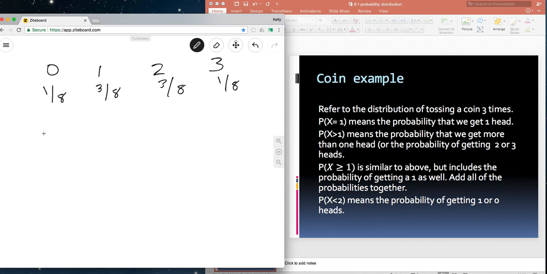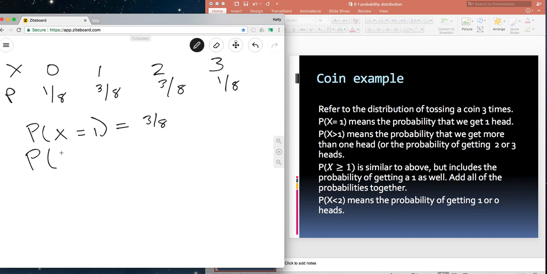So if I asked you, what is the probability that x equals 1? Basically, I'm saying, what's the probability that you get 1 head, because your x's are on top and your probabilities are on bottom. So the way you read it is whatever's inside, you come up here, and to get the p, you just drop straight down, or you might have to add some depending on how it asks. But because it just wants the probability of x equals 1, you come straight down, and it's 3 out of 8. Super easy.